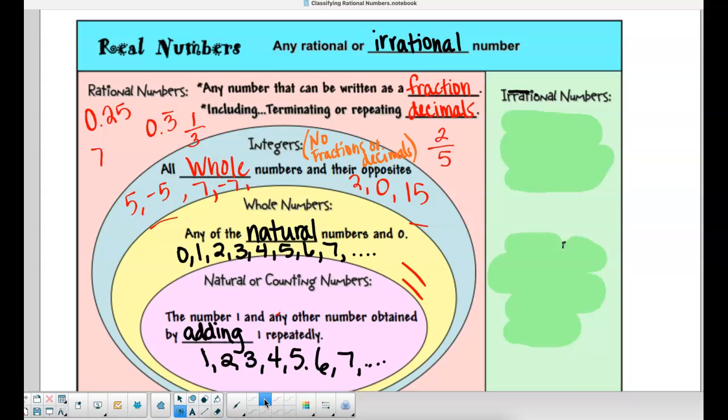Can there be fractions or decimals here? No. Again, whole numbers, no fractions or decimals. Can natural or counting numbers be fractions or decimals? No.